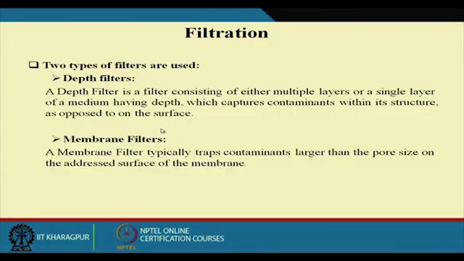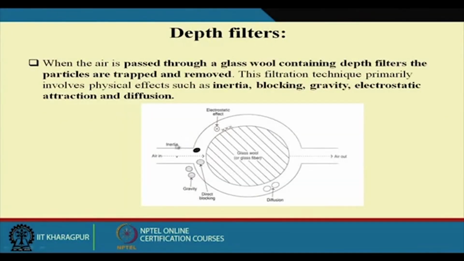If the pressure across the membrane is very high, the life of the membrane will be reduced to a great extent. Not only that, fouling of the membrane surface and regeneration of the membrane will be very difficult. Those are the problems we have with membrane filters. That is why in industry, particularly in the fermentation industry, we go for the depth filter, as for example the glass wool filter.